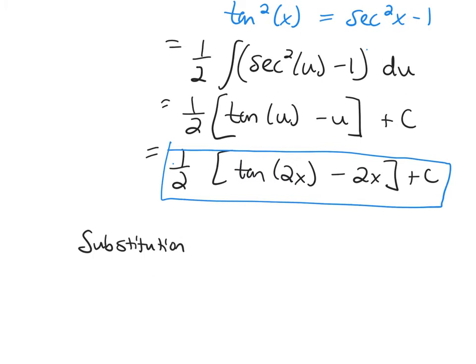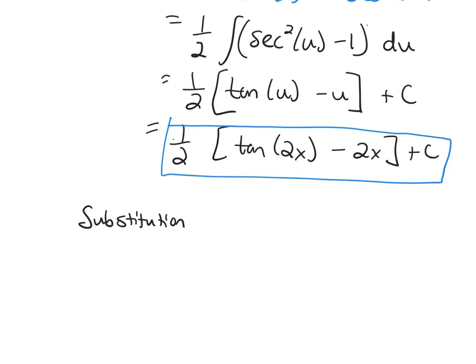So one thing I do want to mention is that when you do your substitution, be very careful and make sure that you're only using one variable for your integral. So you only have x's in your integral or only have u's in your integral. You can't have both x and u in your integral because they're related to each other.